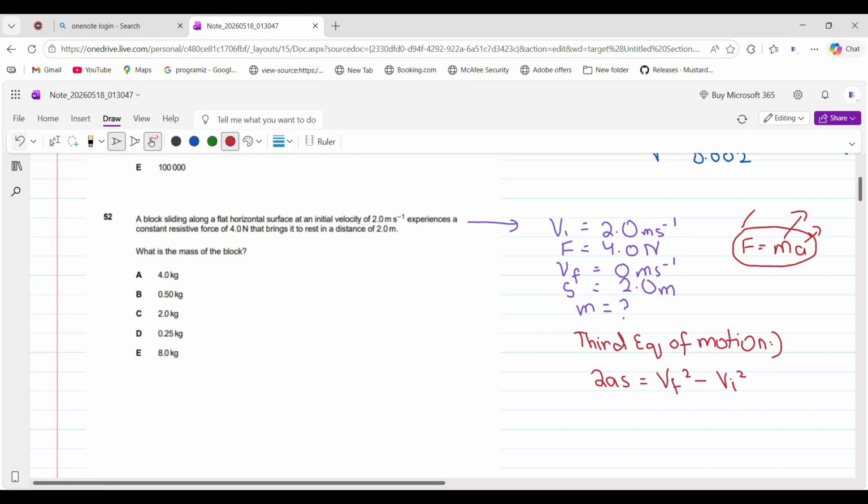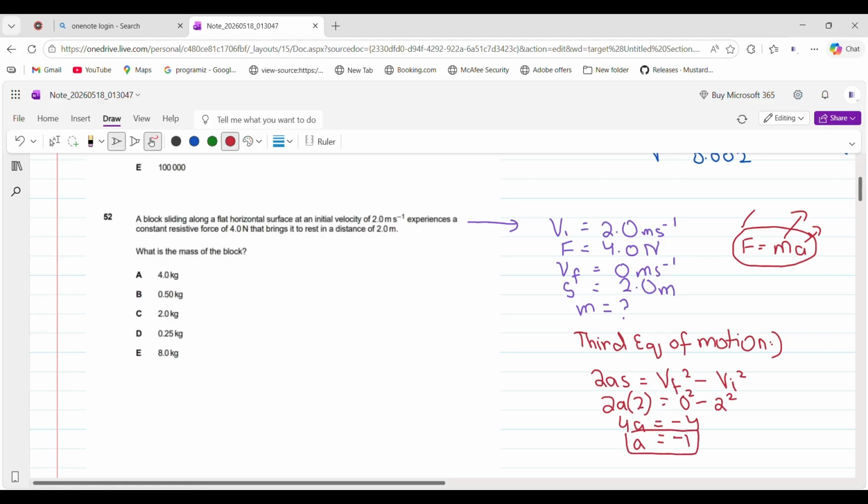Now let's substitute the values. 2a, with s as 2 meter, so 2 times 2 times a, is equal to vf², the final velocity is 0, so 0² minus the initial velocity 2, so 2². Now 2 twos are 4, so 4a = 0 − 4. We need to find a, so −4 divided by 4 is −1.